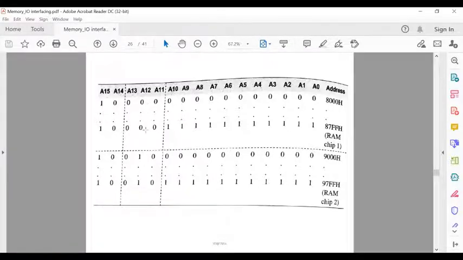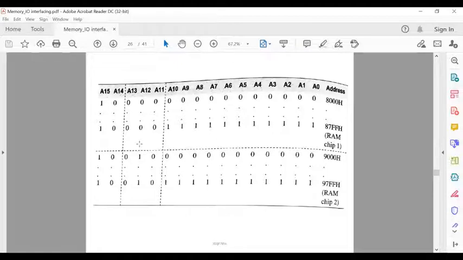Now calculate the ending address taking 4 binary digits for 1 hexadecimal digit. That means 1000 means 8, 0111 means 7, then 1111 means F, then 1111 means F. So that is the memory address range for the RAM 1 chip.